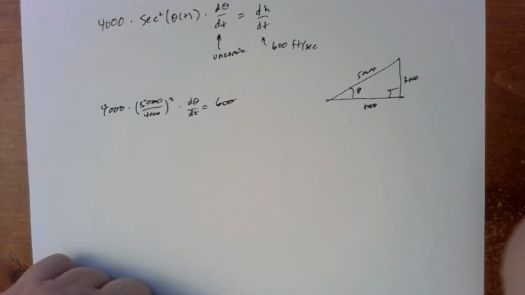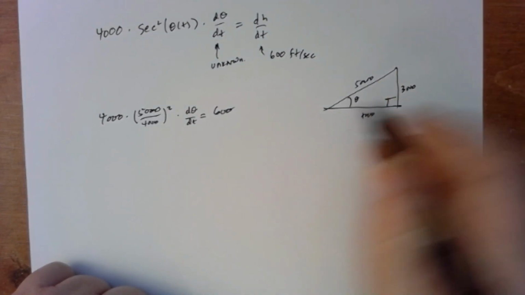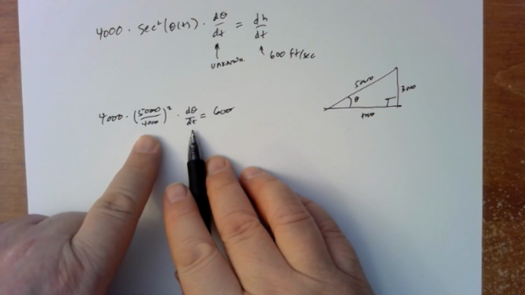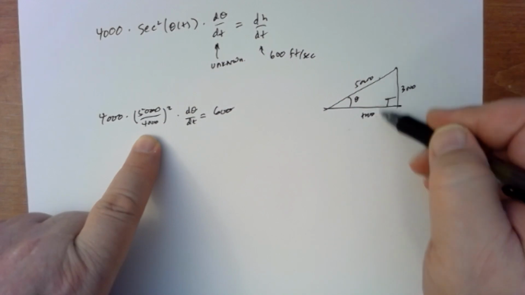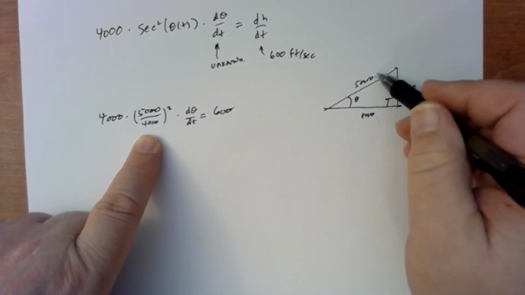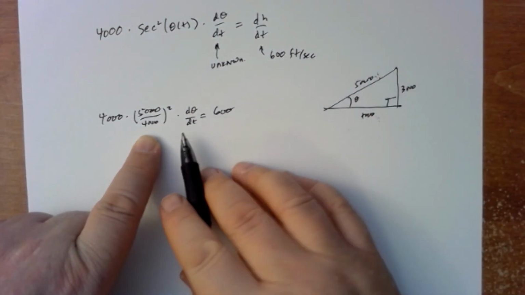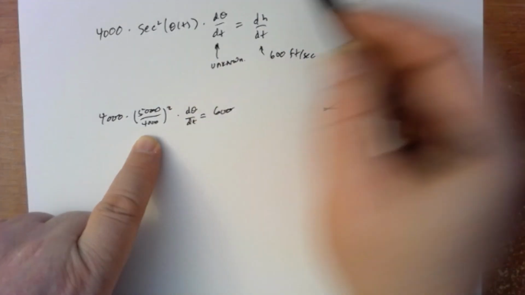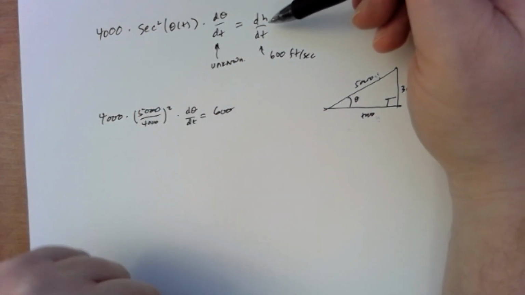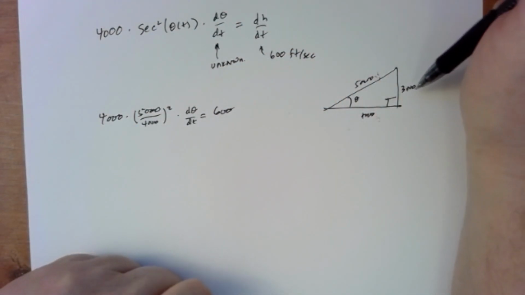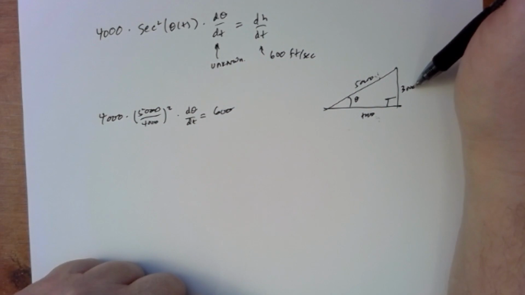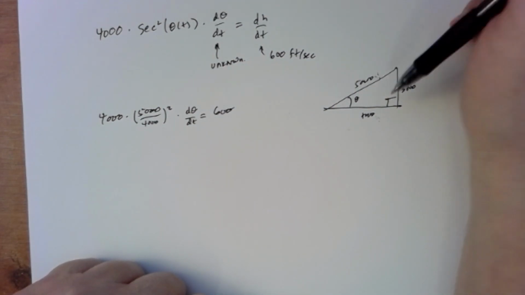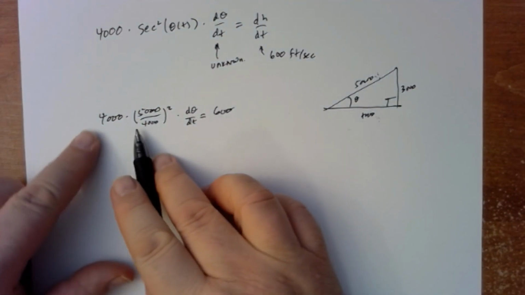Does that make sense? So I'm just plugging things in here. The 5,000 over 4,000 is the secant. It's the hypotenuse over adjacent. Now these are not fixed values. We were told that the instant of time that we want to evaluate this, h was 3,000 feet. That's how I knew what those numbers were. So now we just plug things in.